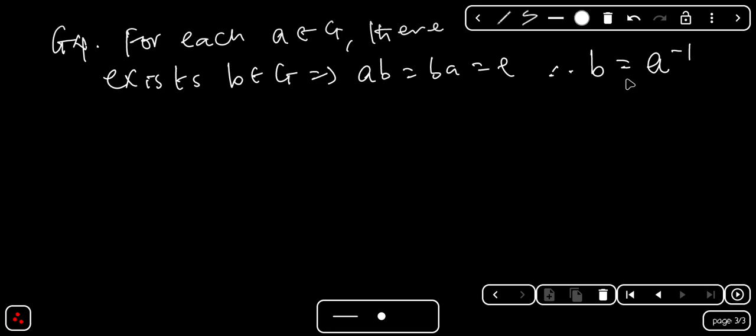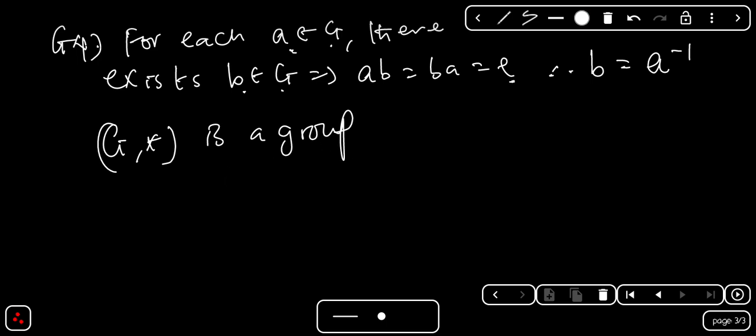Are we together? So for each element in the set G, there exists B in G such that if you combine A and B together, it gives us the identity element, where B is the inverse of A. So if these four properties are satisfied, then we say G, asterisk is a group.